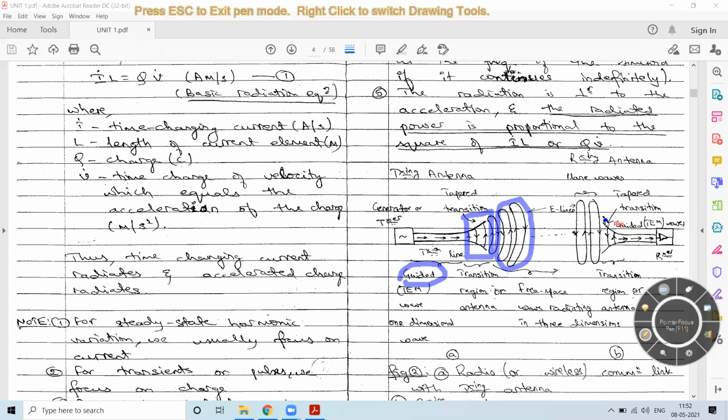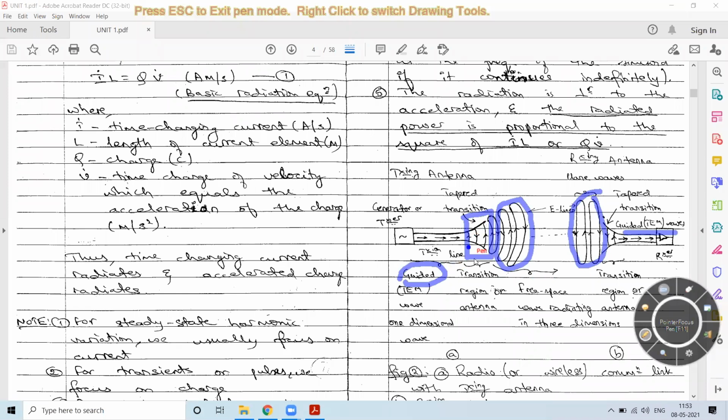And at the receiving end, it is converting the spherical waves, or plane waves, which have been transmitted, to guided waves. So this is what is happening at the transmitter and the receiver section respectively. Therefore, we can define antenna as a transducer. It is converting one form to the other form.